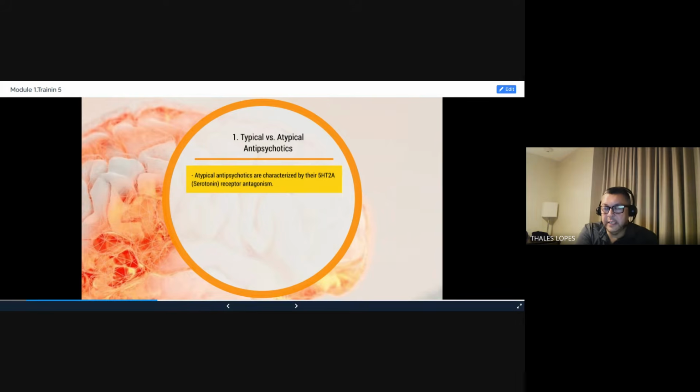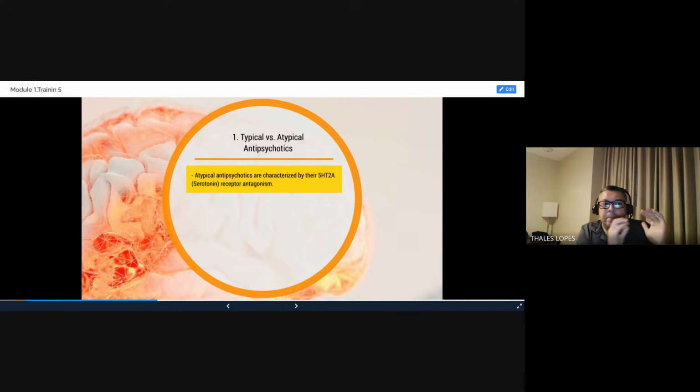What's beneficial is, without complicating too much, first generation covers 80% of the blockade in dopamine. You don't need to know this, but I'm giving you an overall sense so you remember. Because it postulates that schizophrenia or psychosis is an increase of dopamine, it blockades the dopamine really well, so you don't have psychosis.